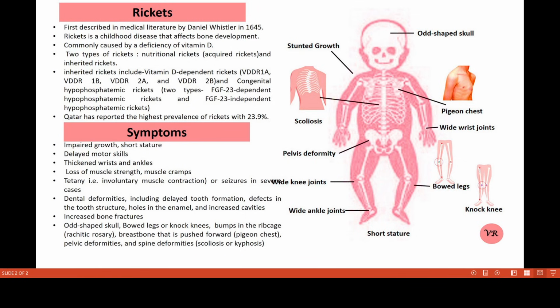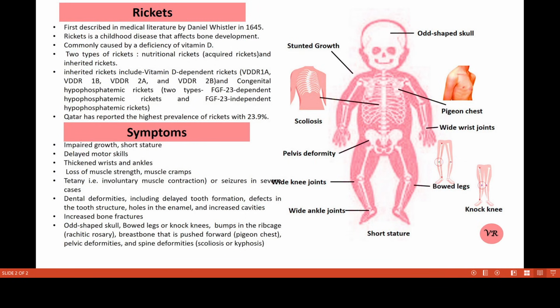Calcipenic rickets may result from inadequate dietary calcium intake, which is reported in a few developing countries. It may also result from poor calcium absorption, such as in children with malabsorption syndrome, especially celiac disease and cystic fibrosis.